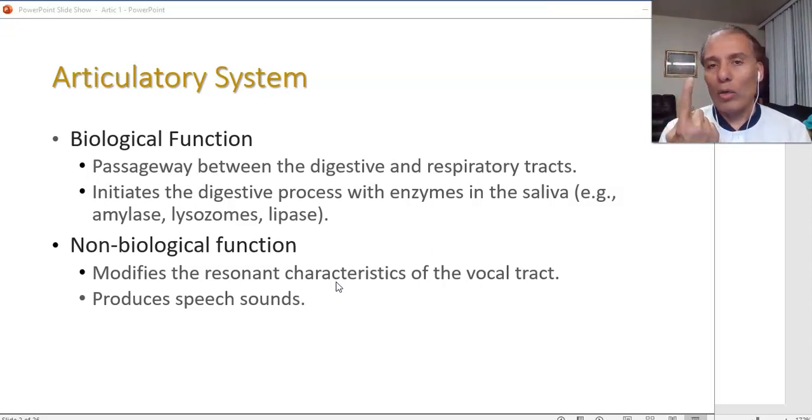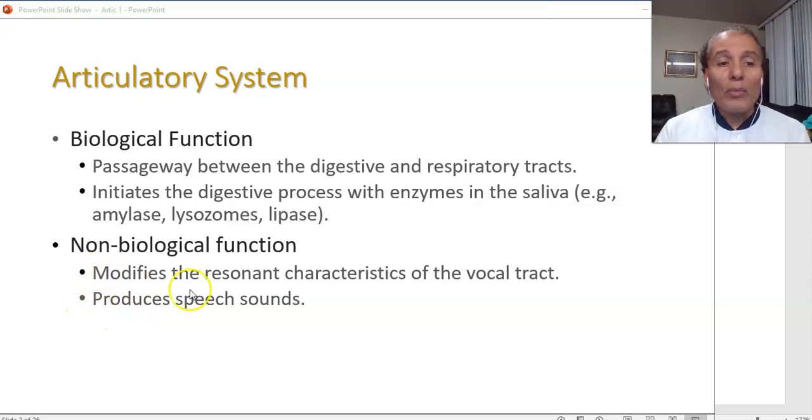So one of the non-biological functions of the vocal tract is to produce resonance or modification of the fundamental frequency of the vocal folds, whereby that tone is amplified multiple times so that it will continue to survive until it gets out of your lips. Otherwise, the tone will be muffled and it will die before it leaves your lips. No one would be able to hear you.